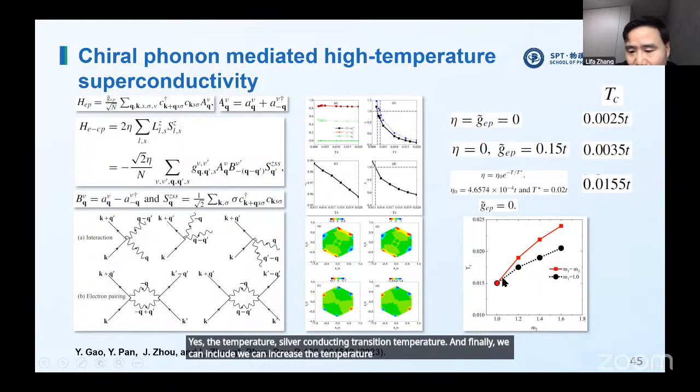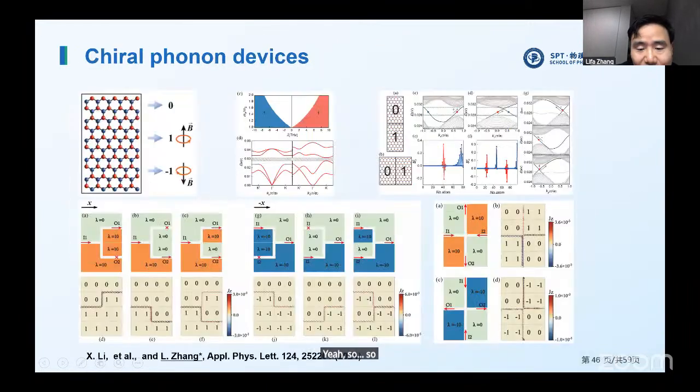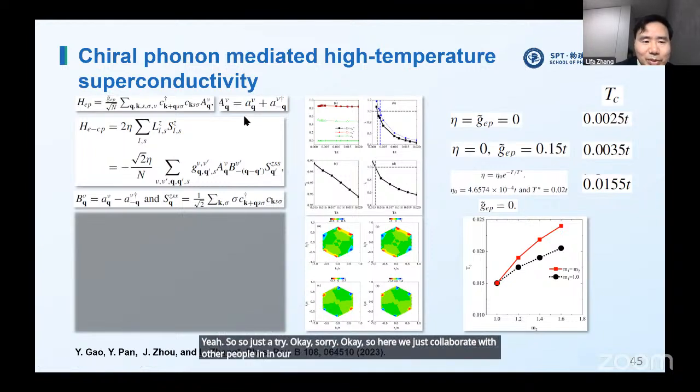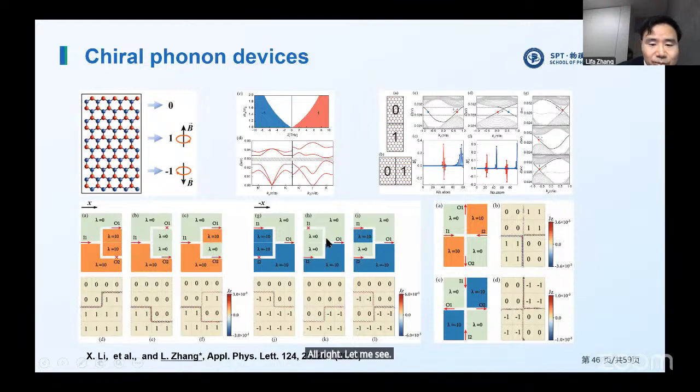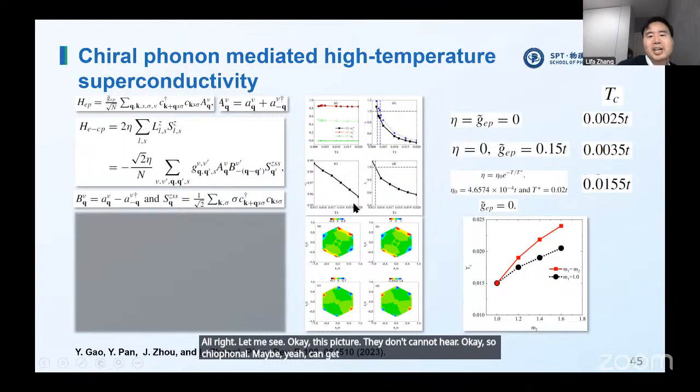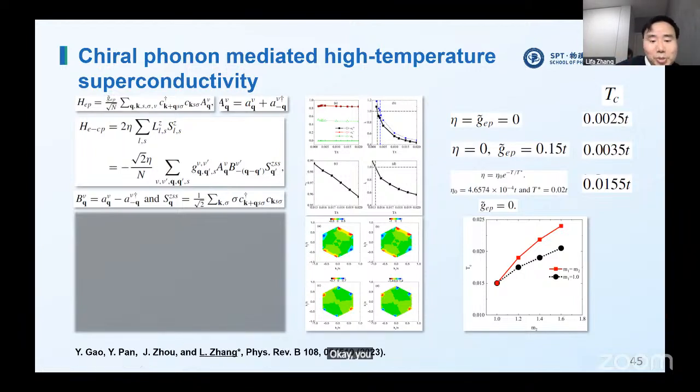Here we collaborated with other people in our department who do superconductivity calculations. This picture cannot be shown. So maybe we can get some new idea for high temperature superconductivity. I'm not so sure, but it may give us some new solution.